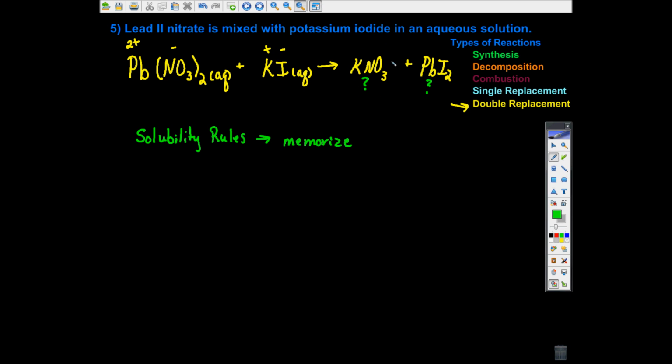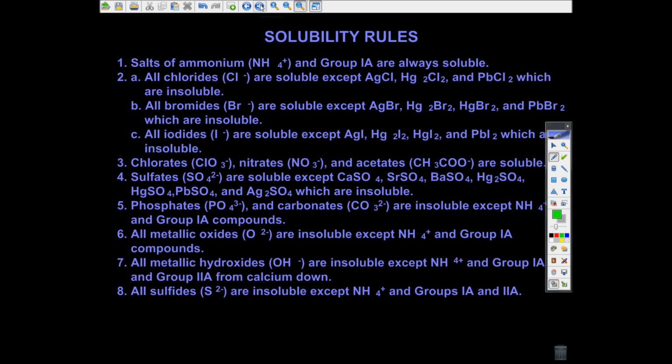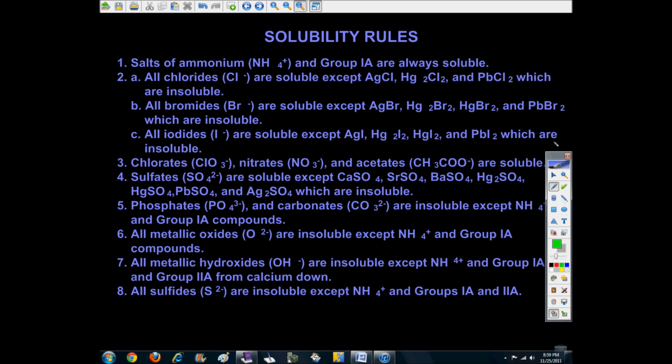We've got to figure out if potassium nitrate will remain dissolved, or if the lead iodide will remain dissolved. So let's go to our rules. Ooh, there's a lot of rules here. We'll just go through them. We have an iodide and we have a nitrate. Here's some, Rule 2C deals with iodides.